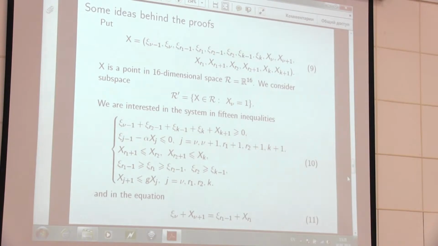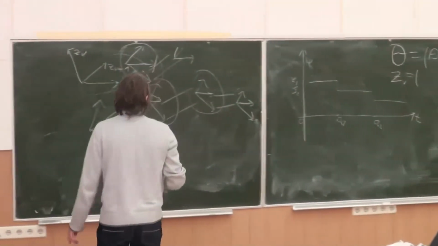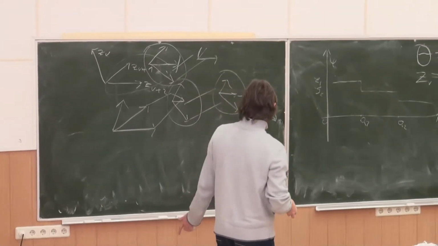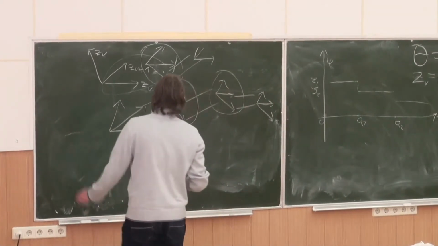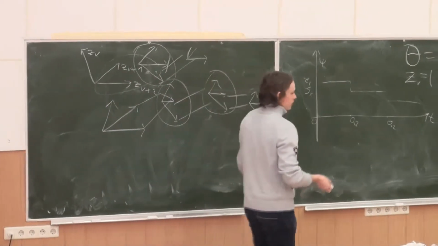I'll show it for the first inequality, where psi sub nu minus 1 plus psi sub r sub 2 minus 1, and so on. What does it mean? This is just the fact that there exist 5 linearly independent best approximations.